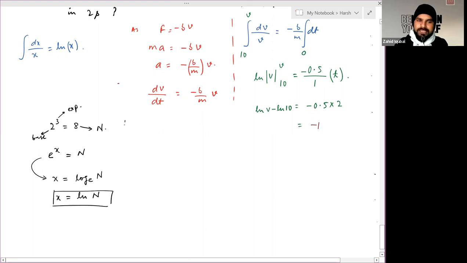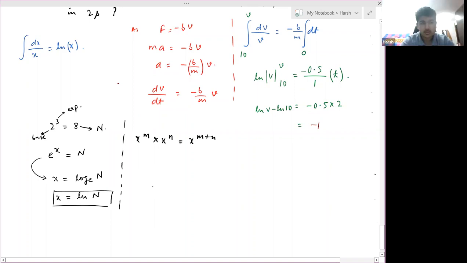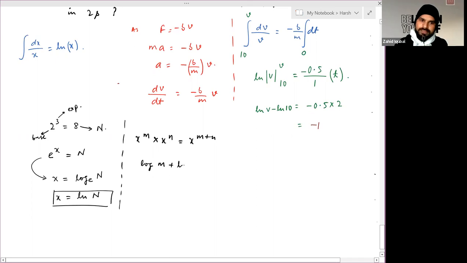So it has the same properties as the exponential function. If you have x to the power m multiplied by x to the power n, it equals x to the power m plus n. In terms of log, log m plus log n equals log of m multiplied by n.